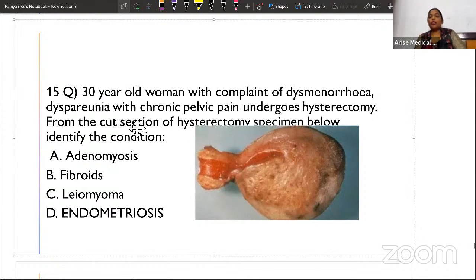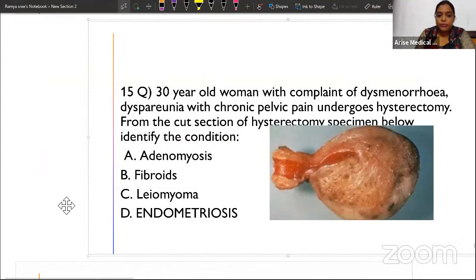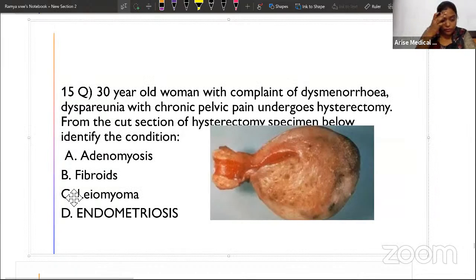So this is a globular, uniformly enlarged uterus. It is not leiomyoma, because in leiomyoma the uterus will be irregularly enlarged and you will have a bossellated appearance. So this is not a leiomyoma.